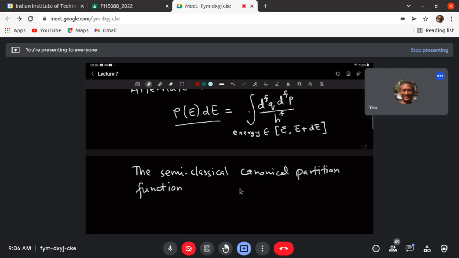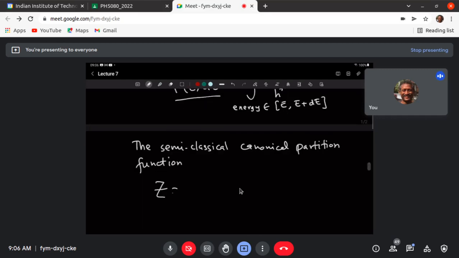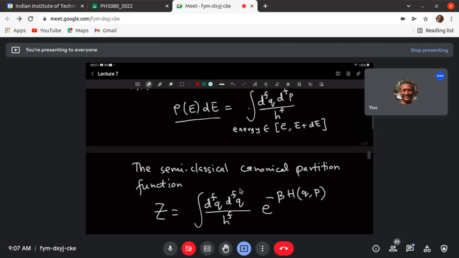Z we can write now. A little bit of thought will show you that. Here F is the number of degrees of freedom. Right?